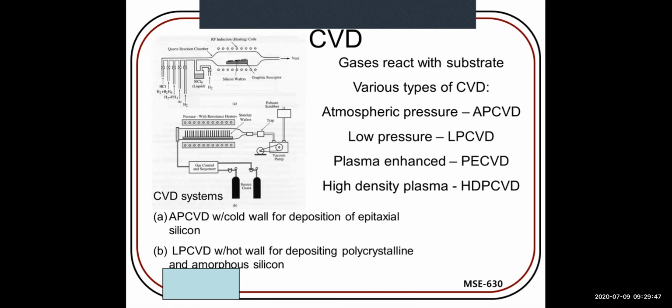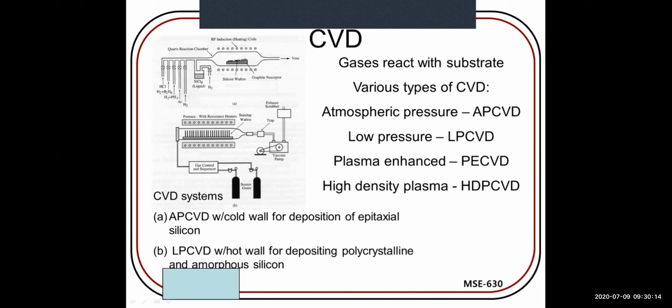In CVD, the following are the types that are used to deposit thin films. You can see here in the diagrams and over here in written form, gases react with the substrate. This is the first step. Various types of CVD are atmospheric pressure, APCVD, low pressure, LPCVD, plasma enhanced, PECVD, and high density plasma, HDPCVD.